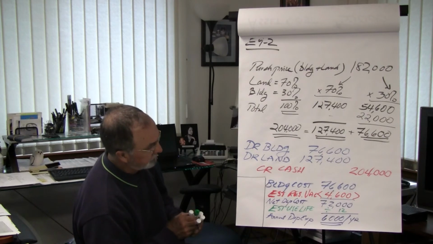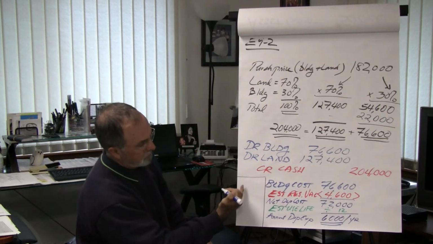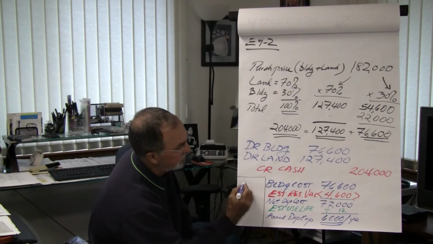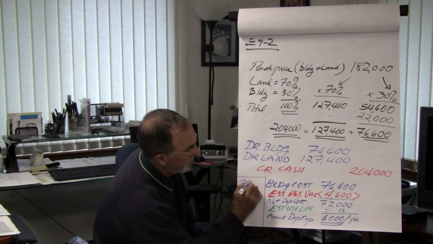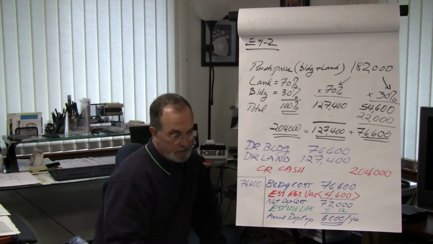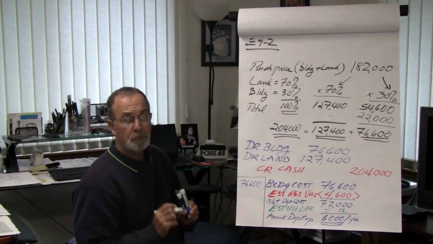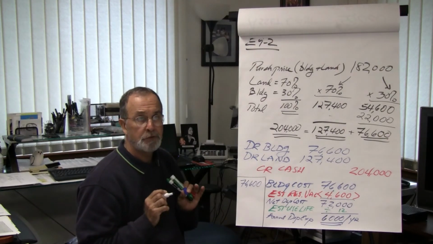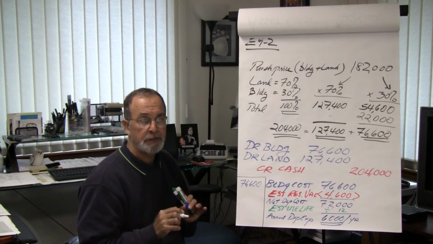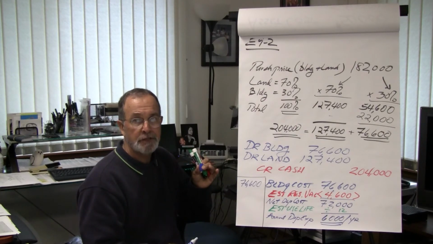If we took the building first, we would take the amount of recorded cost, and I'm just going to show the amounts, not the descriptions for the amounts, because we have such a small space here.